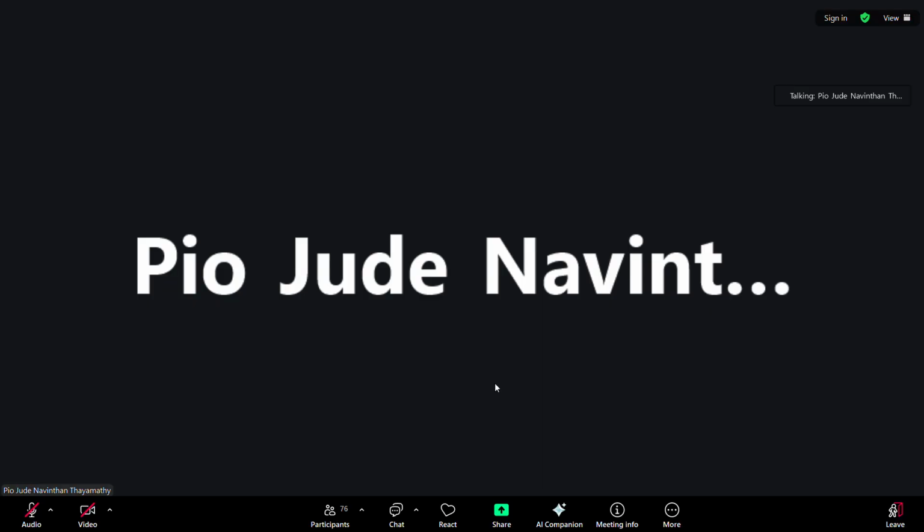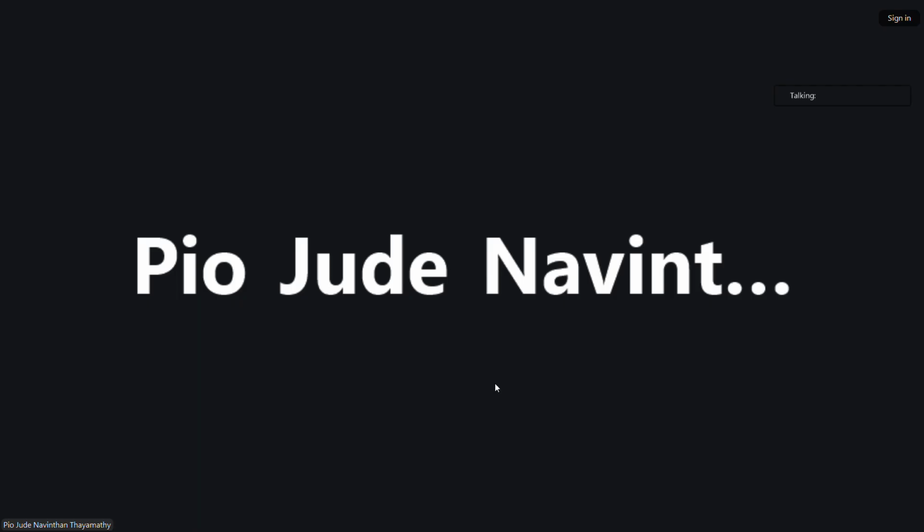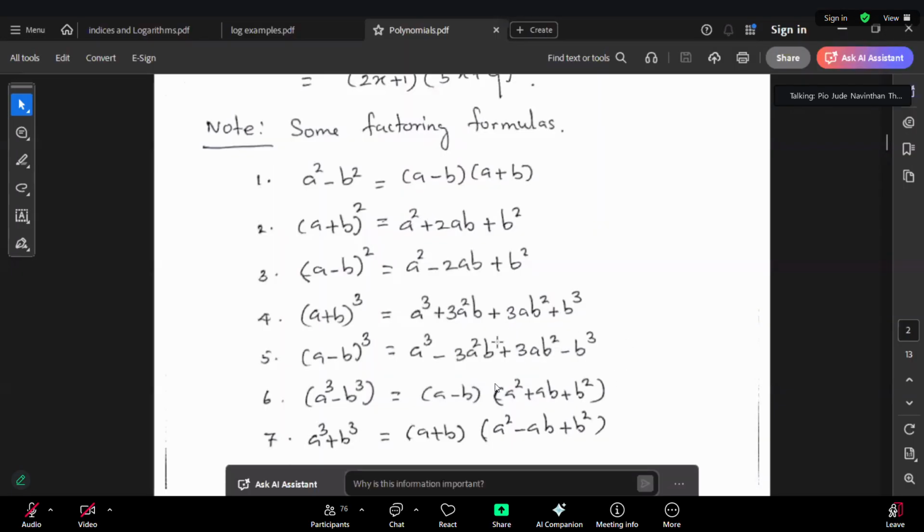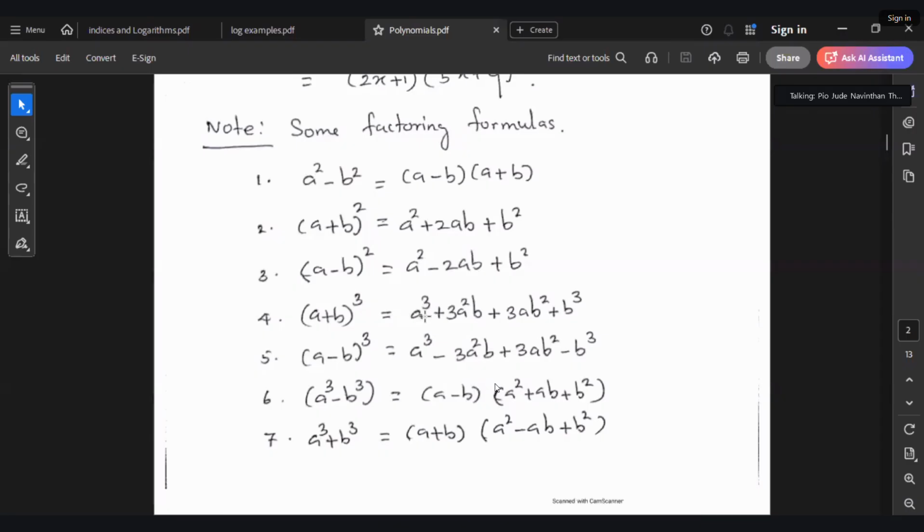So now I stop. I can share my next notes. Look here: 1, 3, 3, 1. Here 1, 2, 1. Here also 1, 2, 1. But the minus depends on the middle operator. We don't worry about that one. We are considering step by step. Earlier, I explained how we write a square, ab, b square.